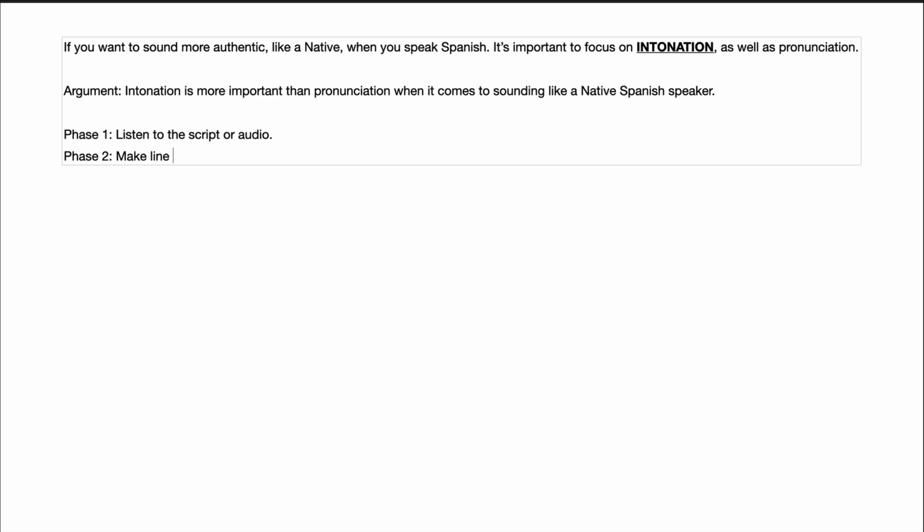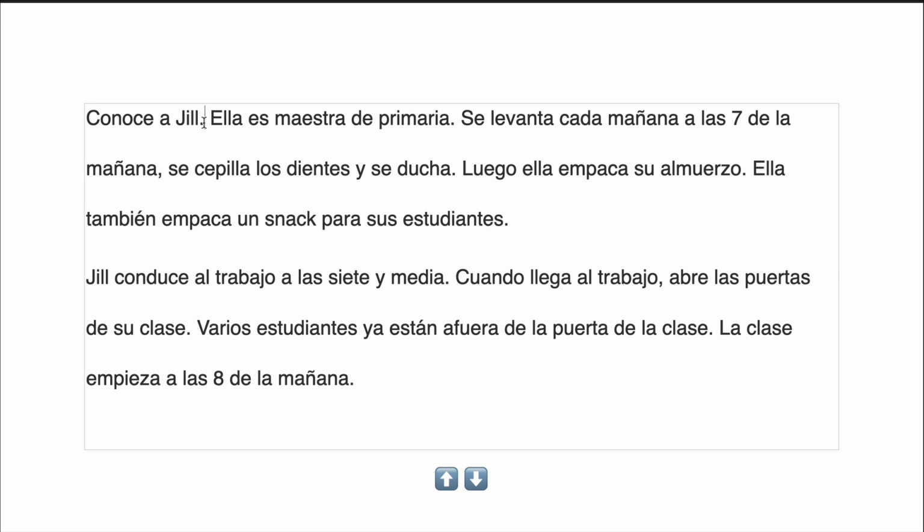Make line breaks where there are natural pauses. All right, so we're going to listen to this again, and we're going to add a line break with every pause. Now keep in mind, this is pretty easy to do because the pauses usually happen where there's either a period or a comma.